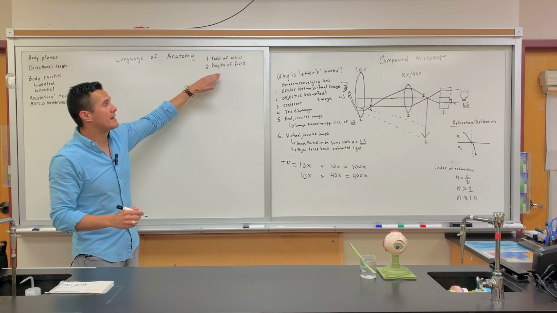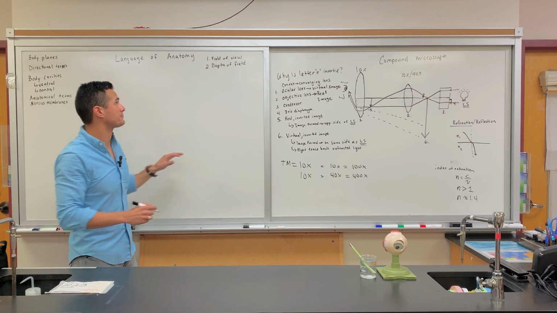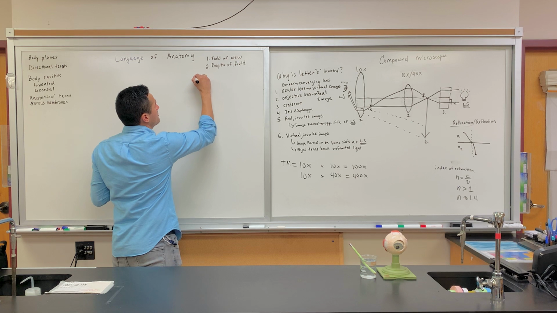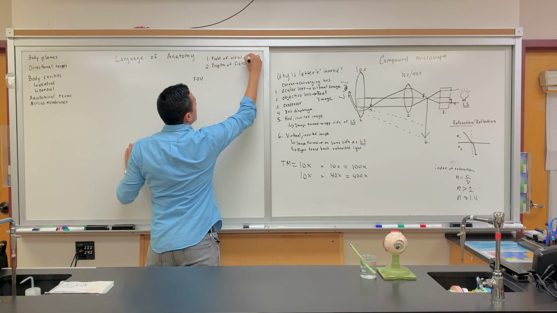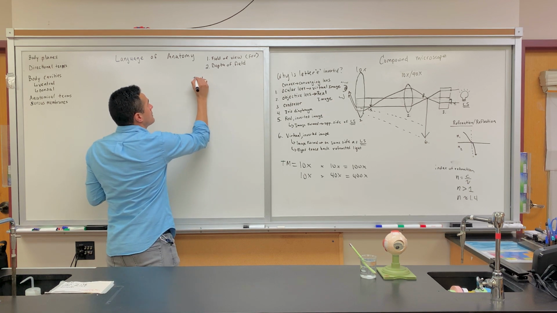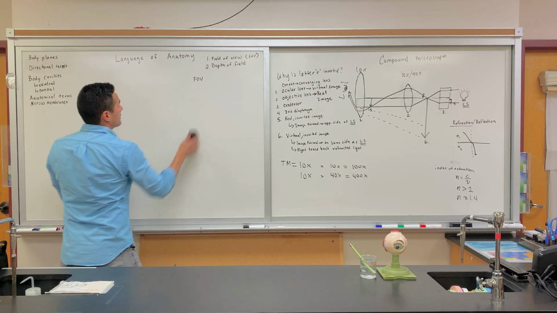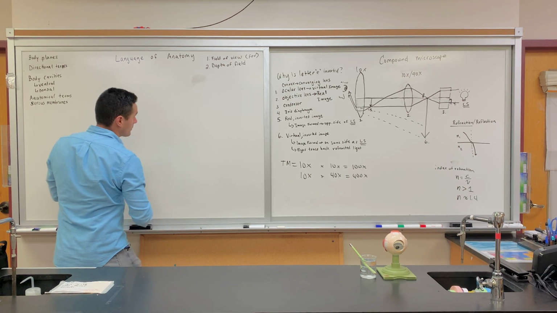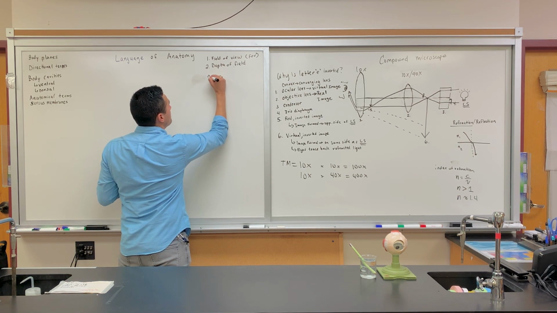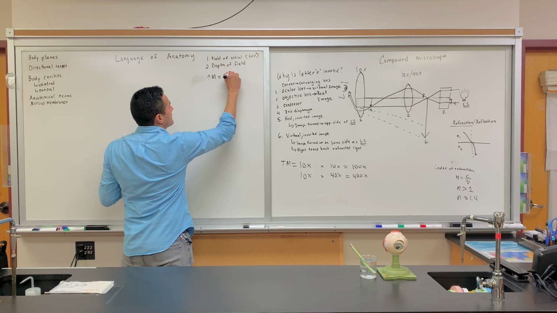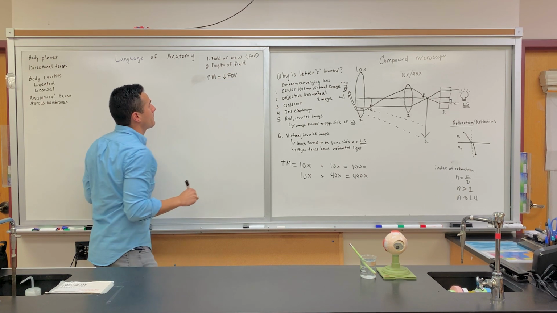Okay, so back to these two concepts here. So the field of view, the first thing I want to say for the field of view, so I'm going to write FOV. So let me put this more towards the center. So as you increase the magnification, there's going to be a decrease in the field of view.